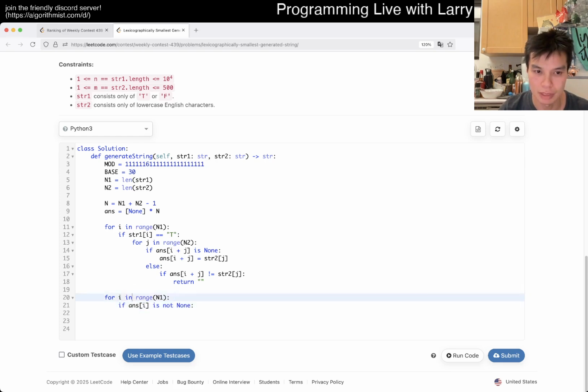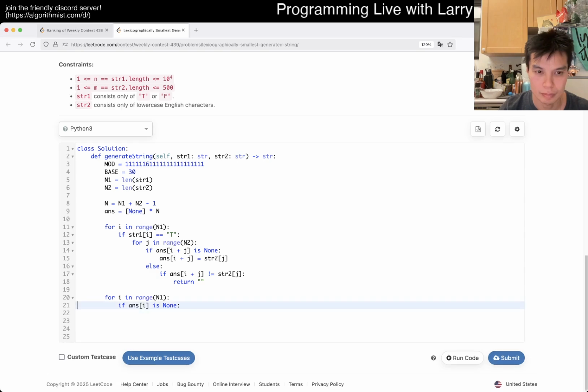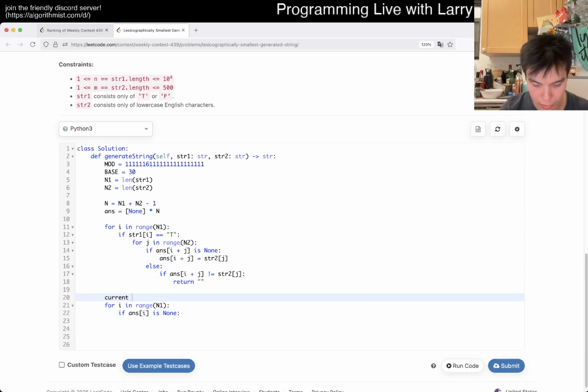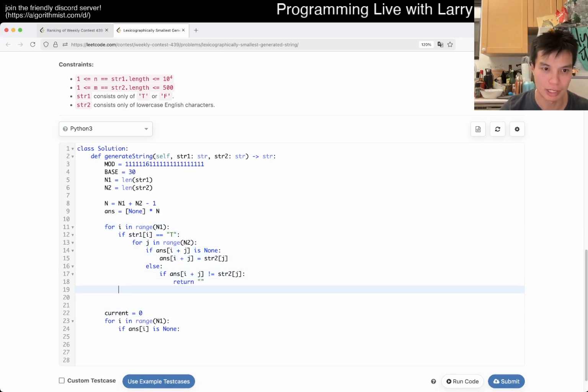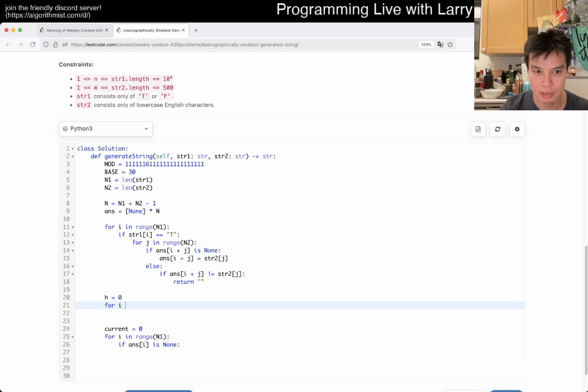we shift and add. Okay, so current is equal to 0. And then we have to hash the current thing, right? So, oh yeah, I forgot to hash the other thing. That's what I was missing.